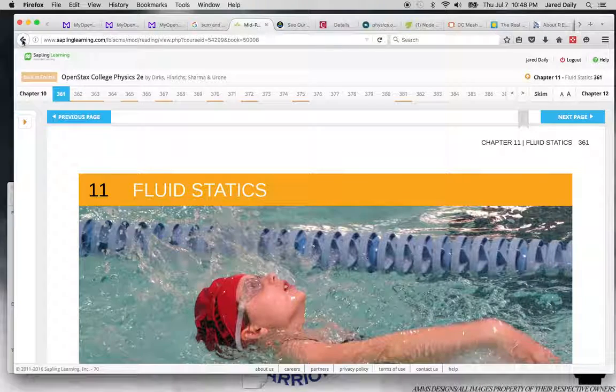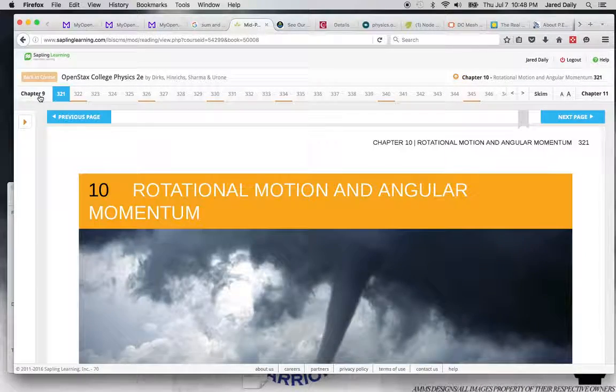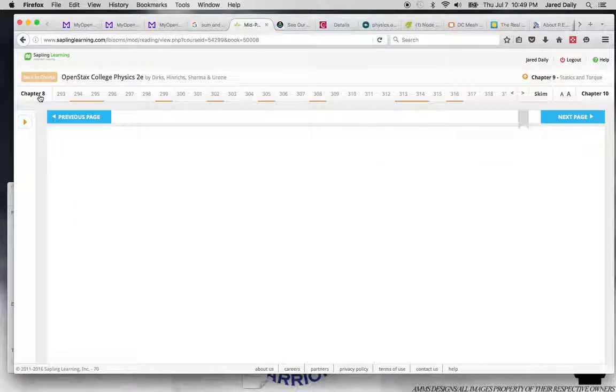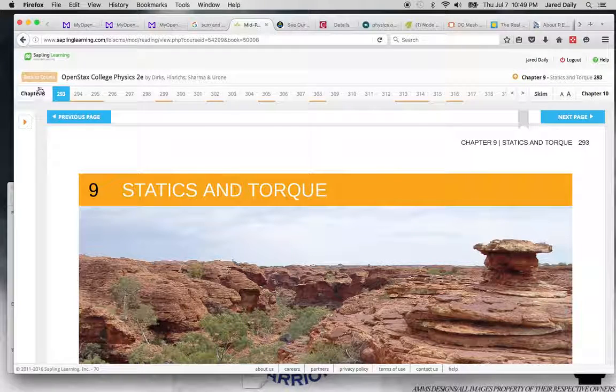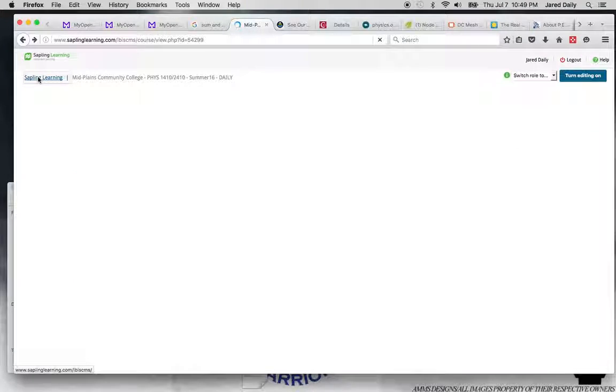This is fluid statics. It's not where I want to be. We didn't do angular momentum. Statics and torque, this is where we're at. Okay, so chapter 9, statics and torque, 293.